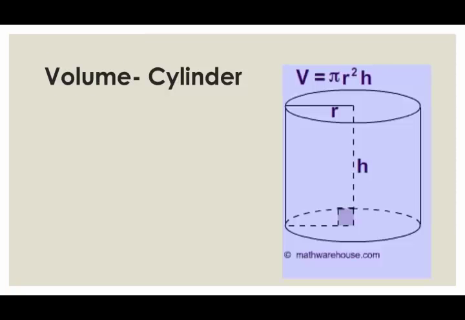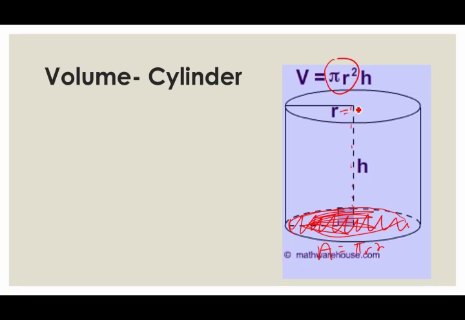And so the volume for a cylinder, we know how to calculate the area of a circle. We know area is pi r squared, and if we look in the formula, we have pi r squared. So we just calculate the area, then we multiply it by how tall our cylinder is.